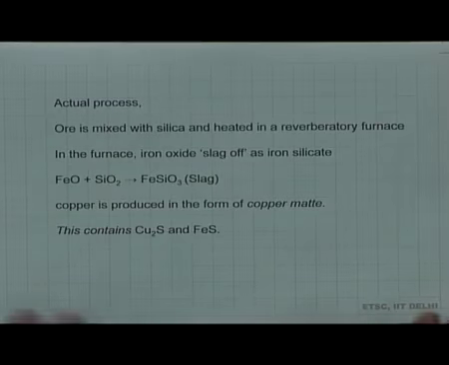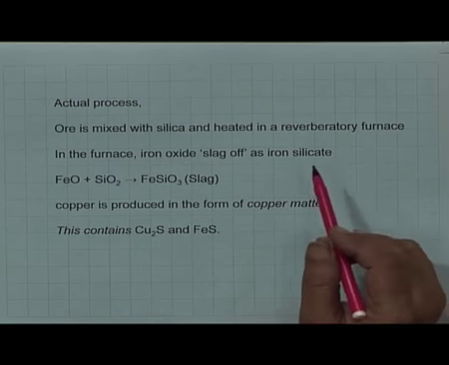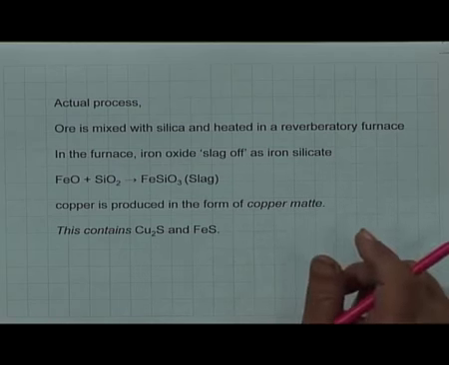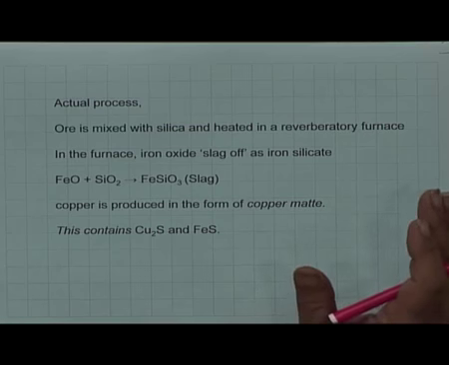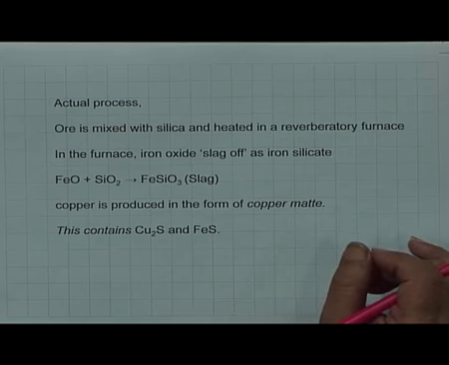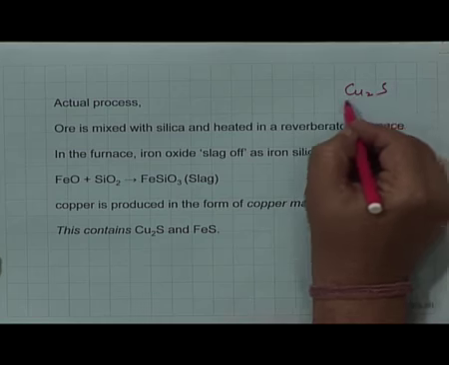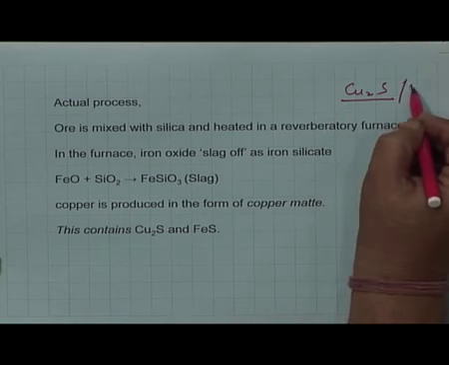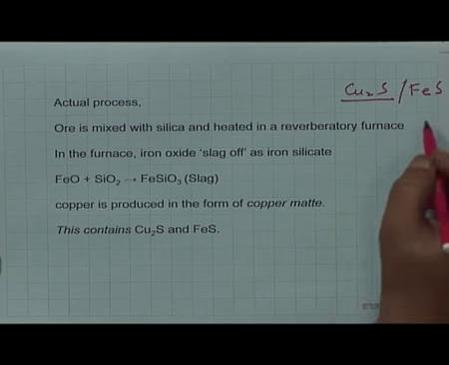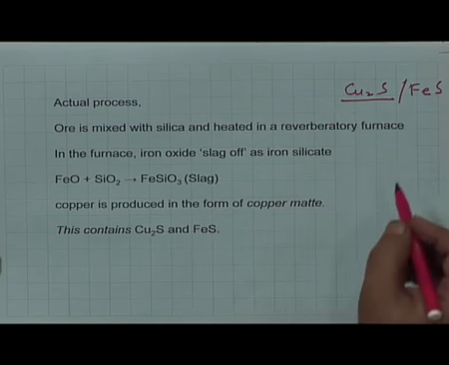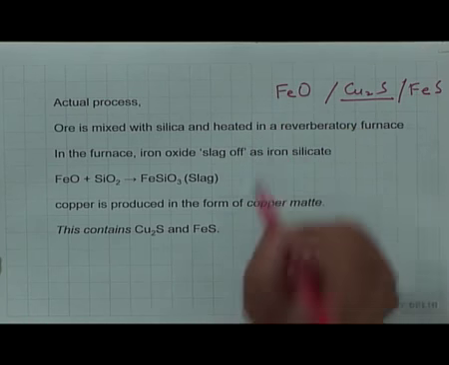So, the actual process of extraction of copper from ore is based on the fact that copper is present in the form of copper sulphide and iron is present. Iron is present in the form of iron sulphide and also in the form of iron oxide.